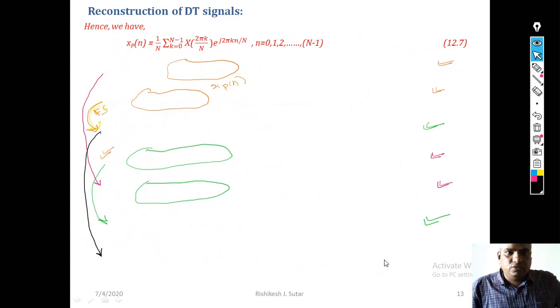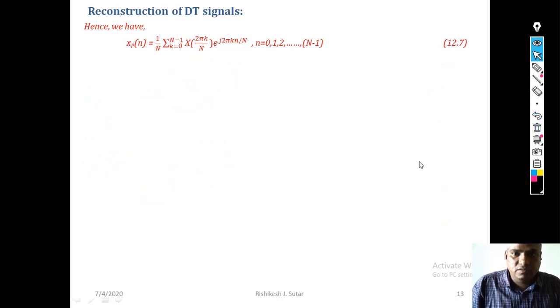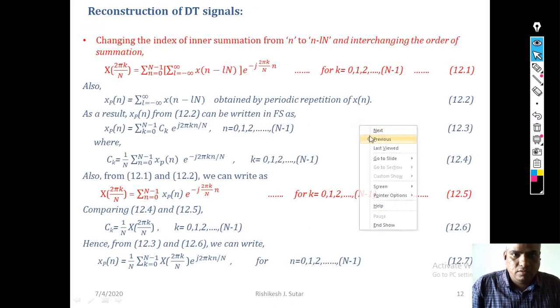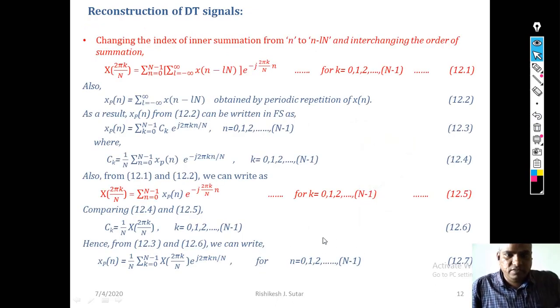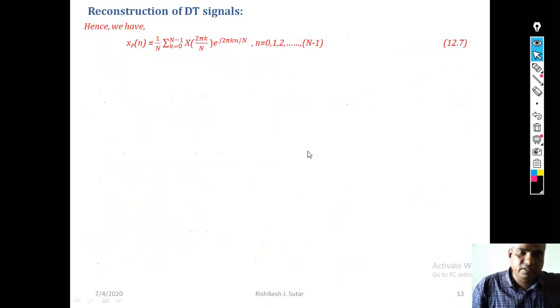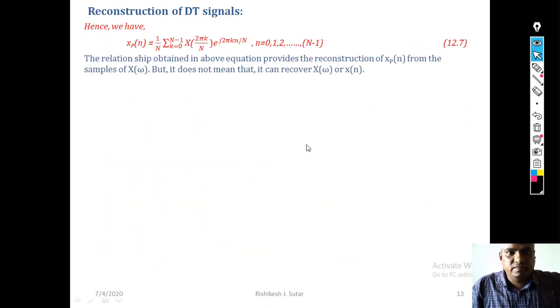So let me clear all the notations. This is the equation we got for xp of n. Now you can see here that the relationship obtained in the above equation provides the reconstruction of xp of n from x of omega.